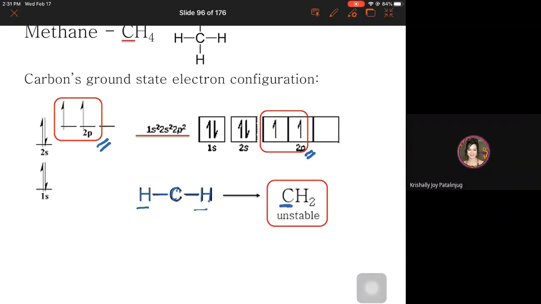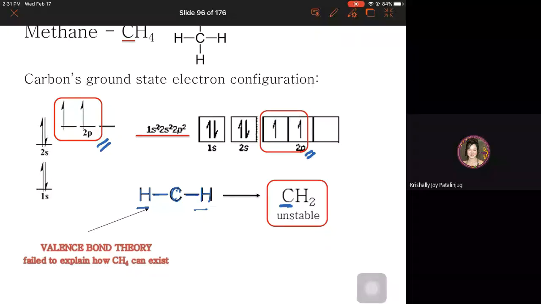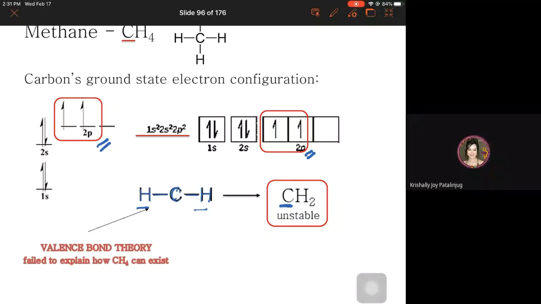So, yung nangyari dito, yung valence bond theory alone failed to explain how the molecule of methane exists. Alright? That is based on the distribution of electrons in the atom of carbon. Yung nag-result lang kasi, dalawa lang yung half-filled orbital ng 2p. Dalawa lang yung unpaired.